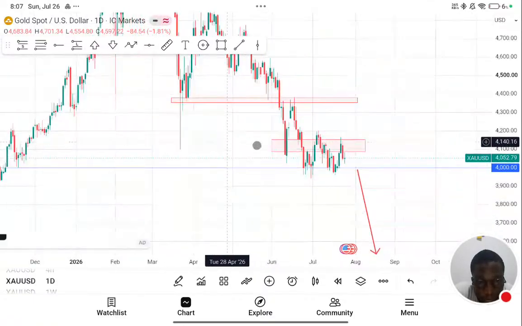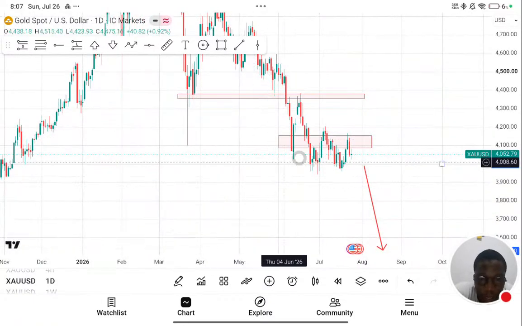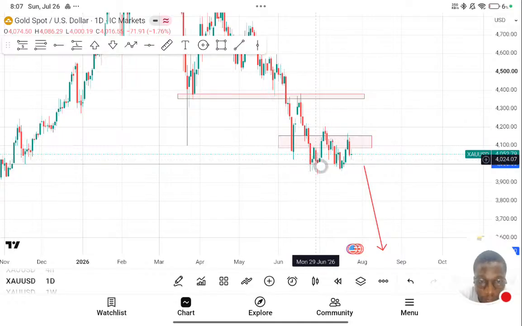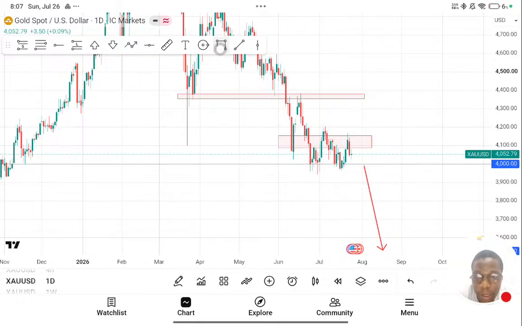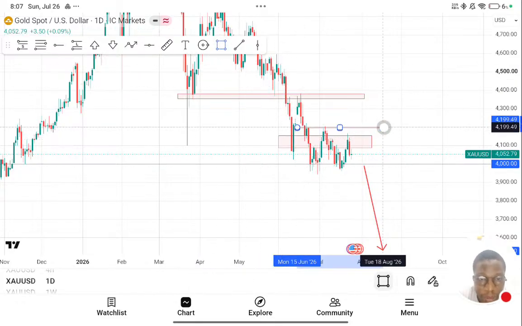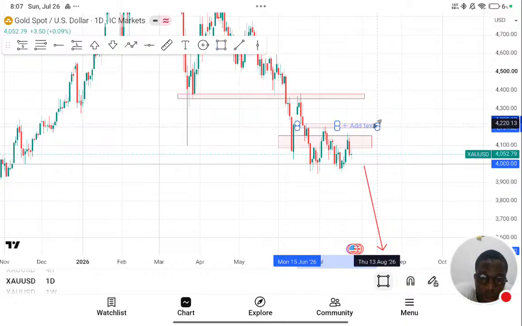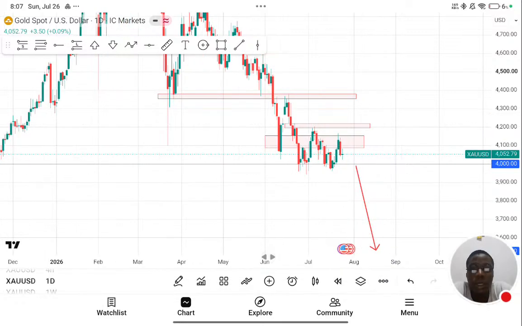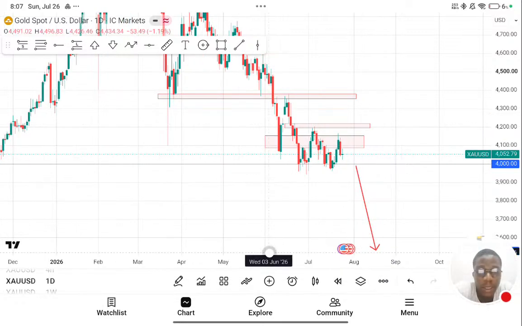So price has just been attempting to break this 4,000. It came, it couldn't break, but one thing you should notice is that it hasn't made a new high yet. So from the overall perspective, it's still bearish structurally on gold. There hasn't been a new reasonable high.